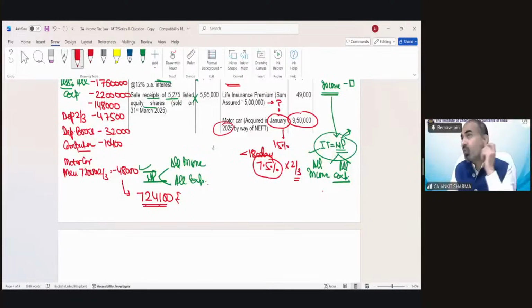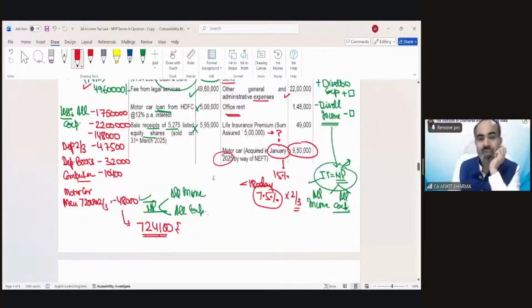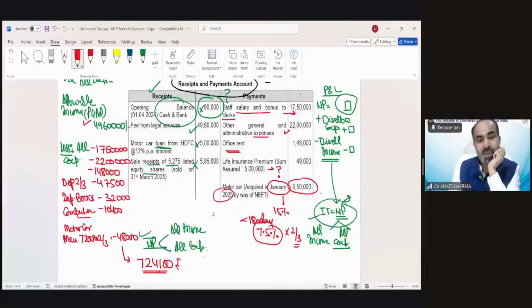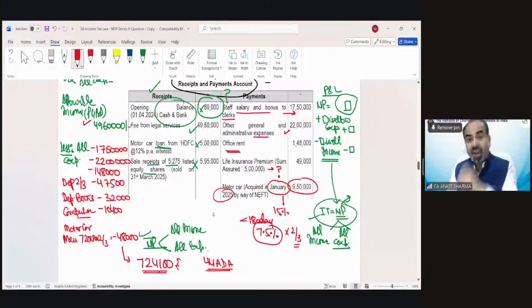Now, as I have told you in the starting of the class, if there is possibility of presumptive taxation scheme applicability, you can see in this example, it's a professional example, advocate is a professional, and 44ADA is applicable because receipt is less than 50 lakh rupees.